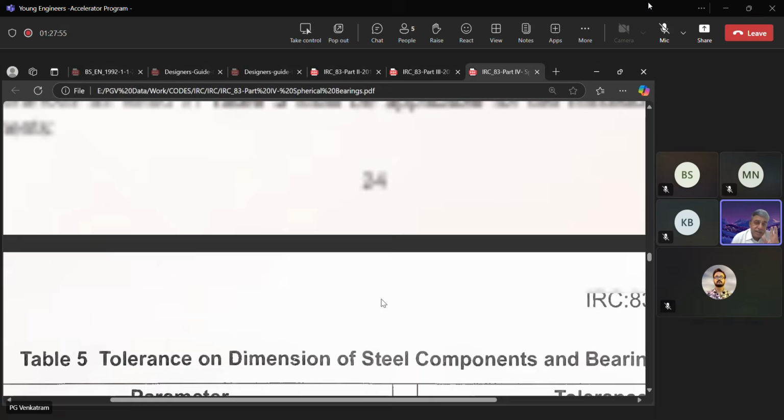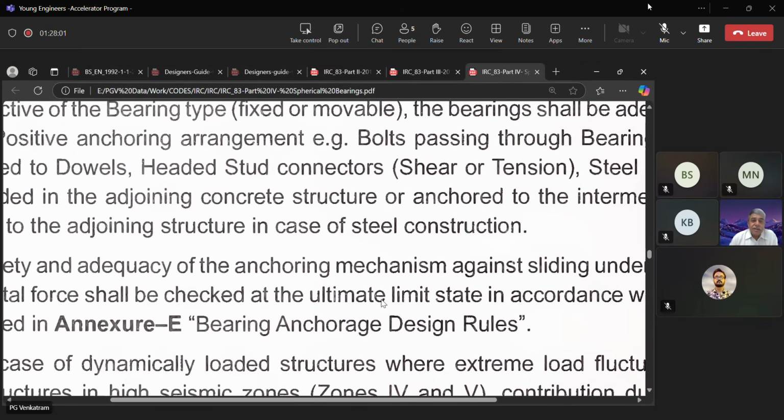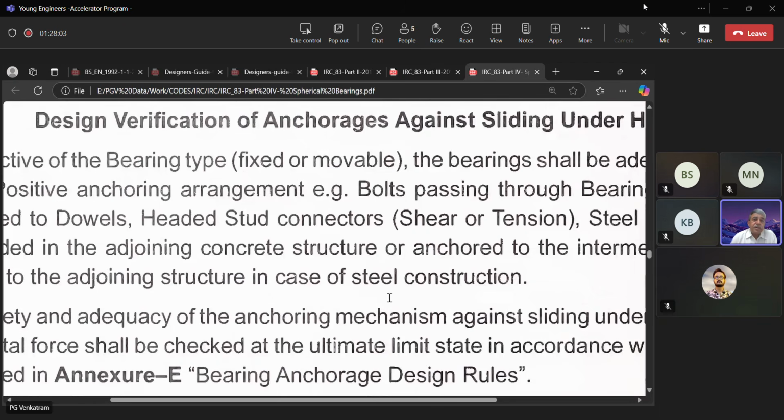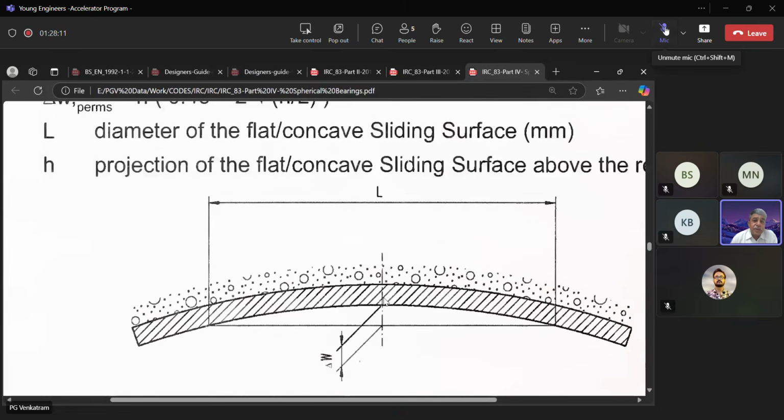No. See, what will happen? This is where you and I have a different way of explaining things. Is the contact between the convex and concave gone totally, therefore no lateral force transfer will take place? Or the contact is reduced in area?